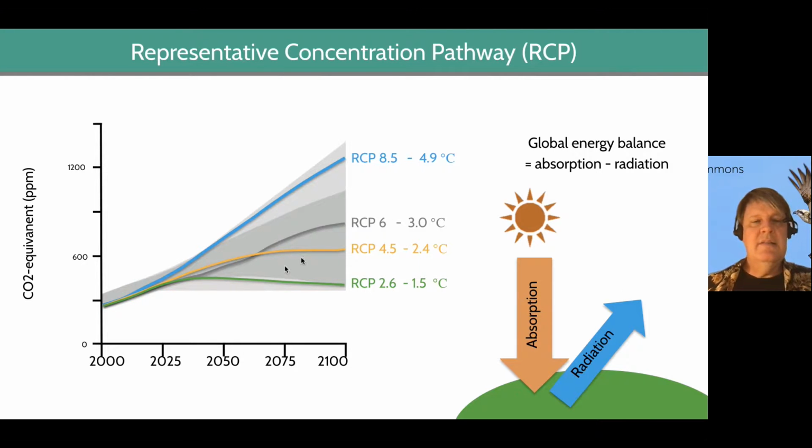And if we look at this graph, this is the parts per million of CO2. And these different lines relate to different emission scenarios.